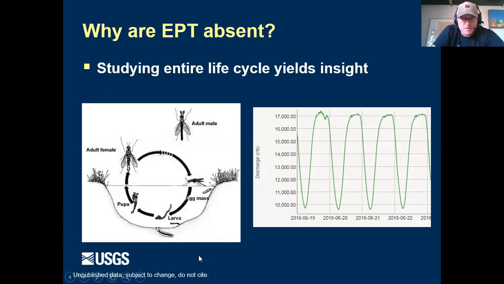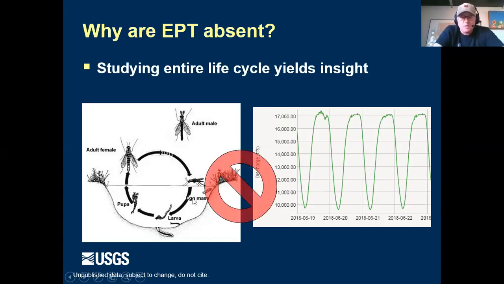And really, we've been focused on this larval life stage, so studying aquatic insects by studying the larvae. And basically what we started doing, starting in 2012, was studying some of these other life stages, things like the adults, things like eggs.